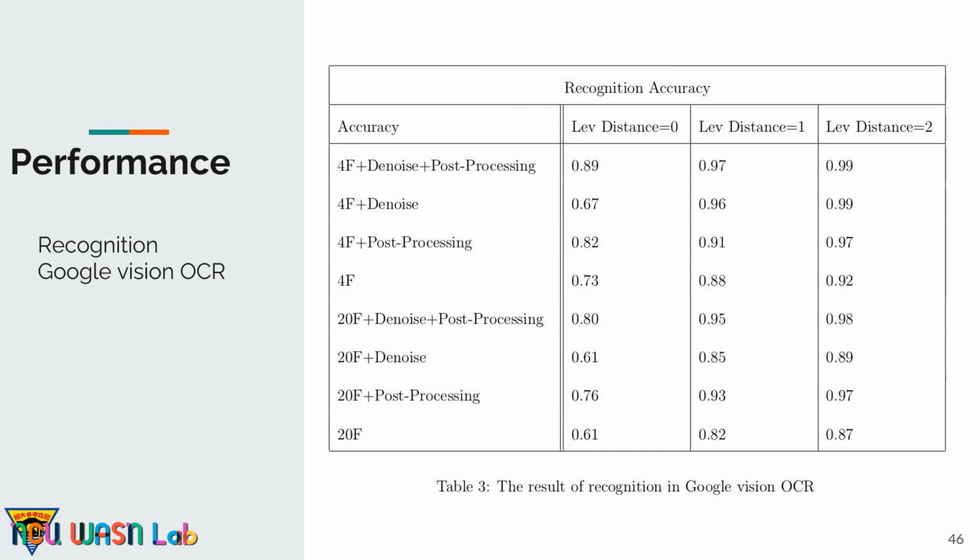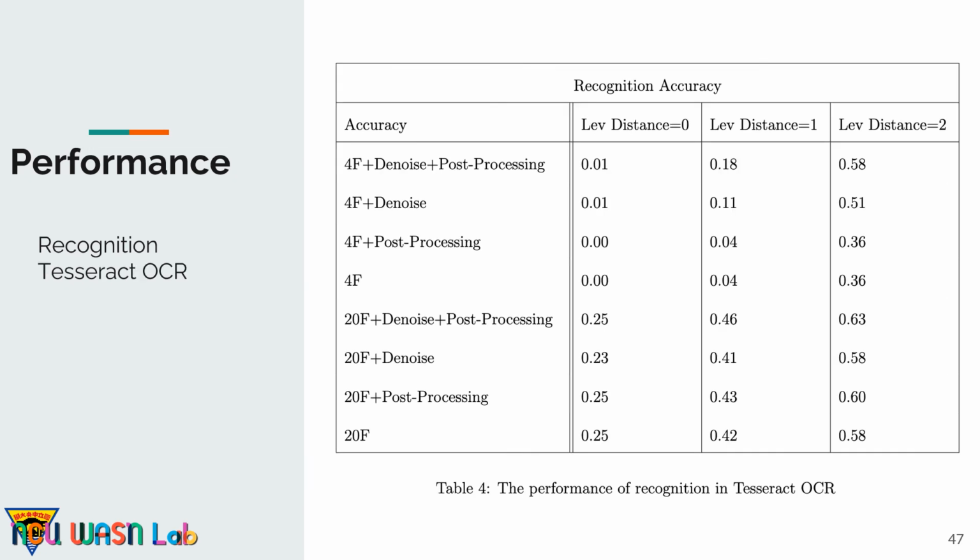In the case where the recognition result is exactly the same as the ground truth and the Levenshtein distance is 0, 4F plus denoise plus post-processing can reach 0.89, and pure 4F can only reach 0.73. So our method has improved from 0.73 to 0.89, and 20F plus denoise plus post-processing can reach 0.81.